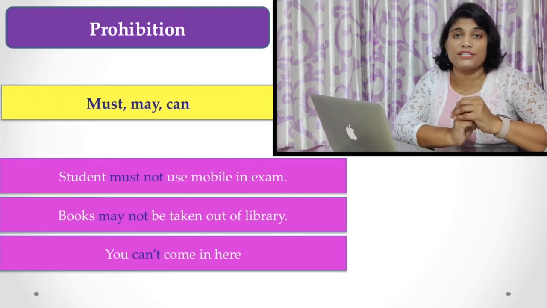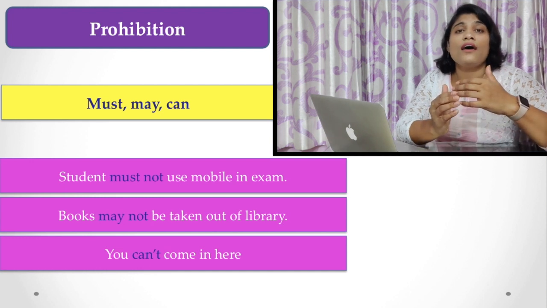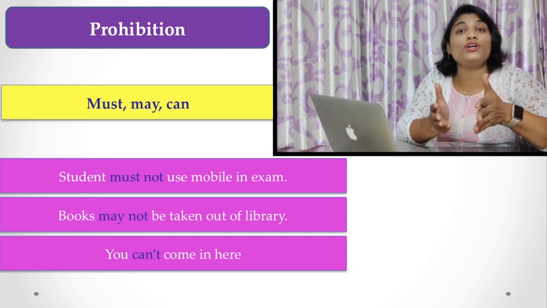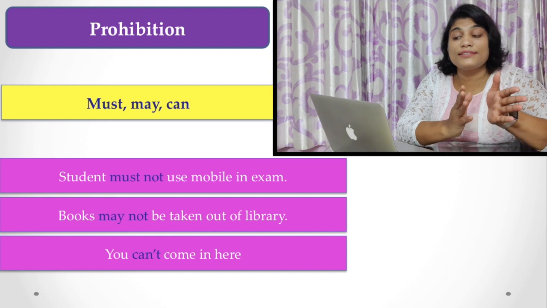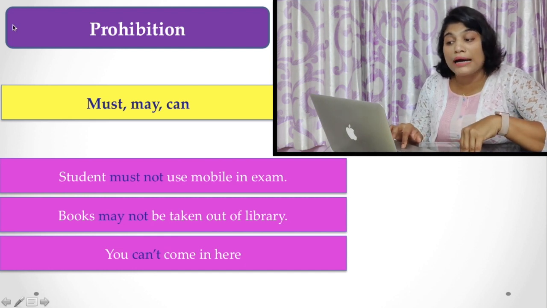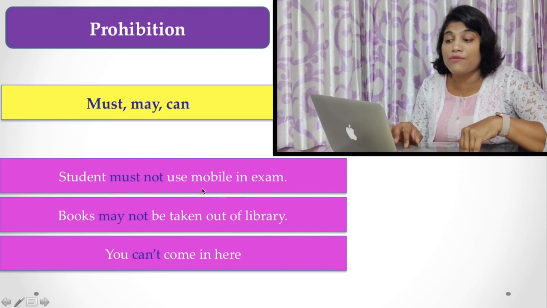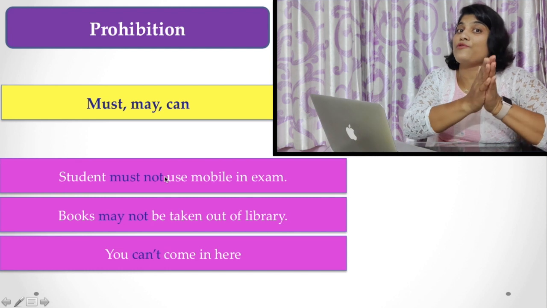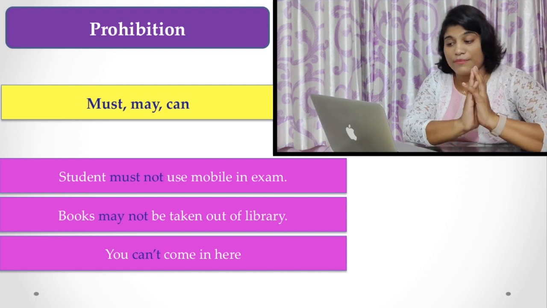Now, prohibition, that is when we are asking someone not to do something, that means prohibiting something, we have to use must, may, and can. For example, students must not use mobile in exam. You know the meaning: the students are prohibited from using mobile in the examination hall.